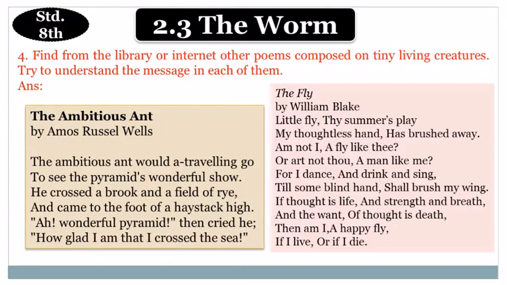The ambitious ant would traveling go, to see the pyramids' wonderful show. He crossed a brook and a field of rye and came to the foot of a haystack high. "Oh, wonderful pyramid!" then cried he, "how glad I am that I crossed the sea."